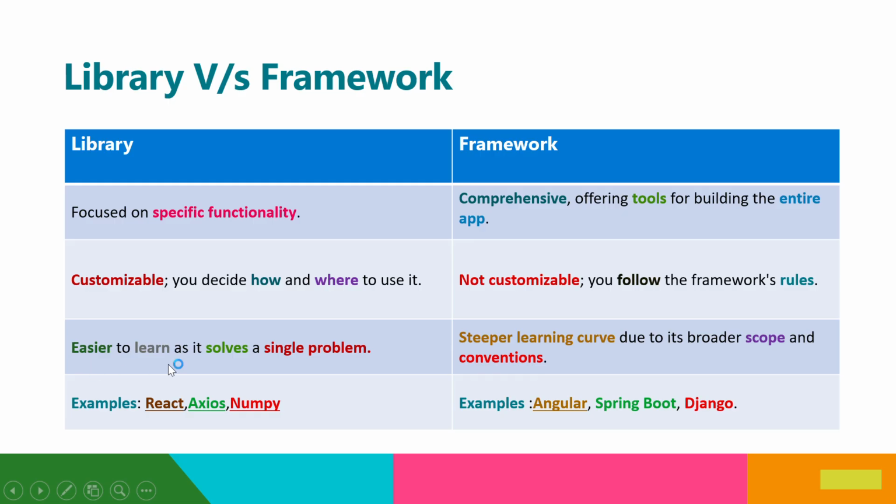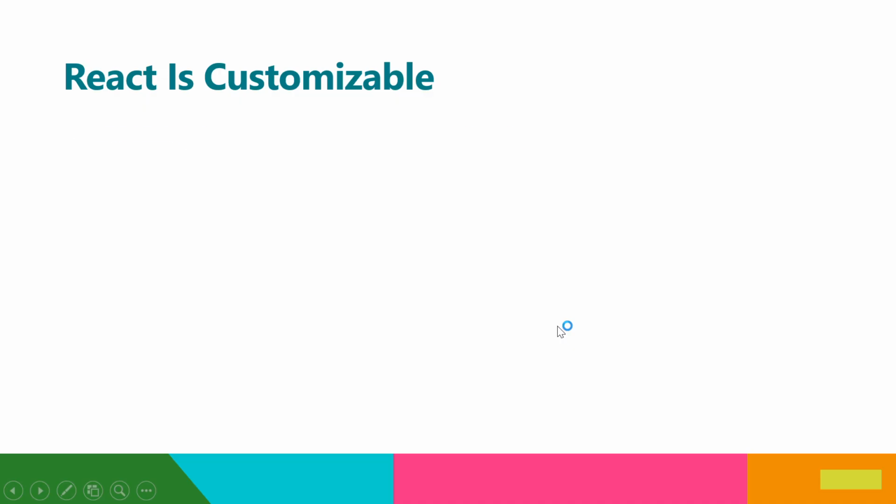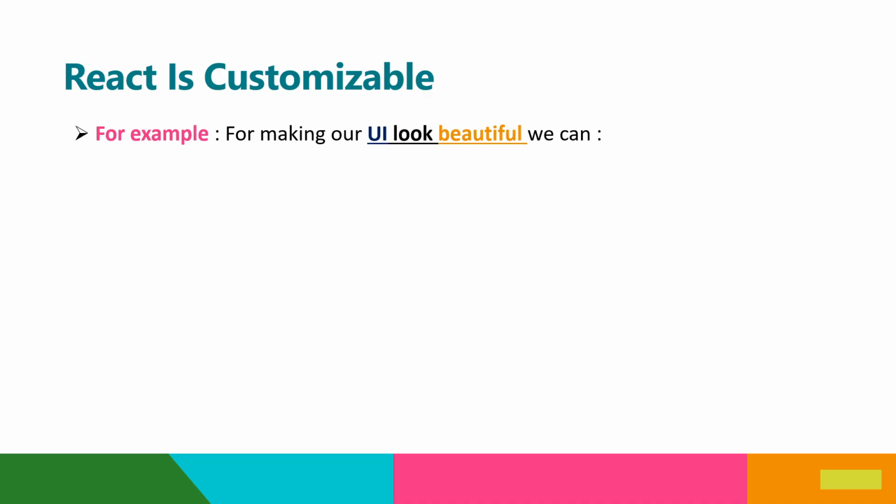Libraries are easier to learn as they solve a single problem, while frameworks have a steeper learning curve due to their broader scope. Examples of libraries are React, Axios, and NumPy. Angular, Spring Boot, and Django are frameworks. So React is customizable.